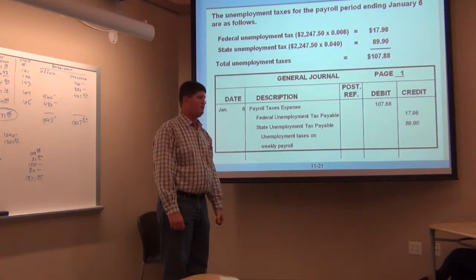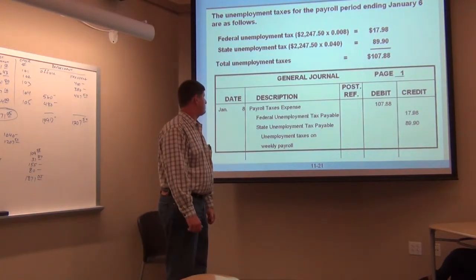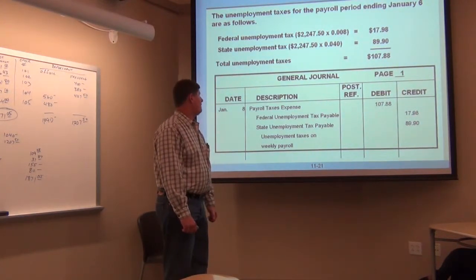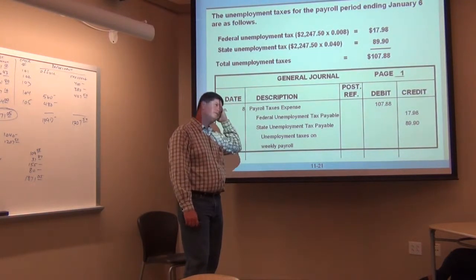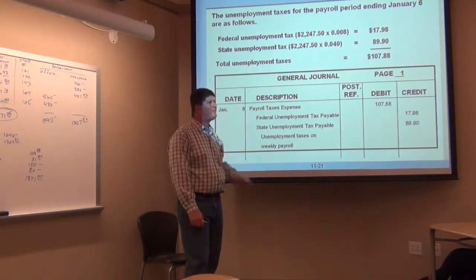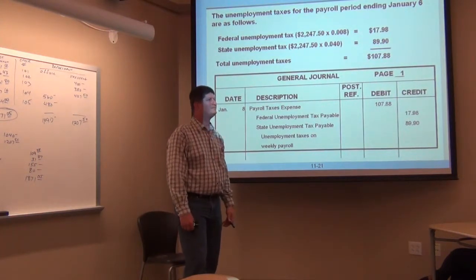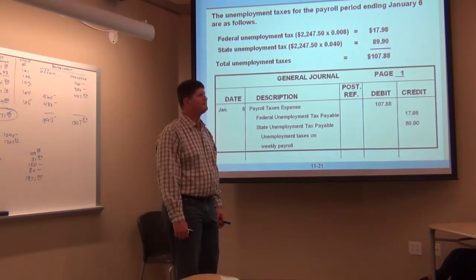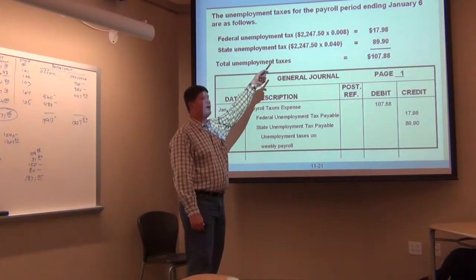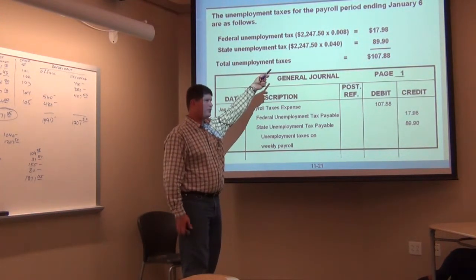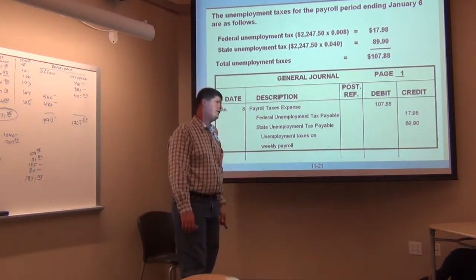Any questions at all? Why does it say that unemployment taxes on weekly payroll? Because we must pay everybody every week. I was reading it in another way, like it was put on the weekly paychecks or something. No. That's the total wages for this payroll register, so they're calculating this every week and recording it.